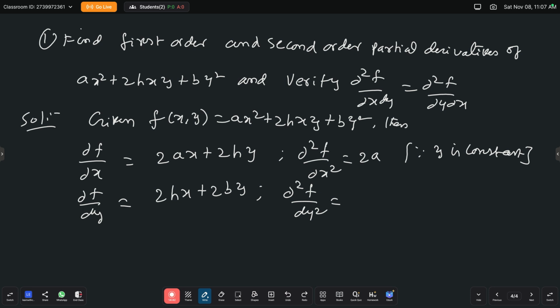That's why d/dy of the constant first term is 0. 2by, that is nothing but 2b. So here x is a constant. Okay, so this is how we find the first order and second order partial derivatives.